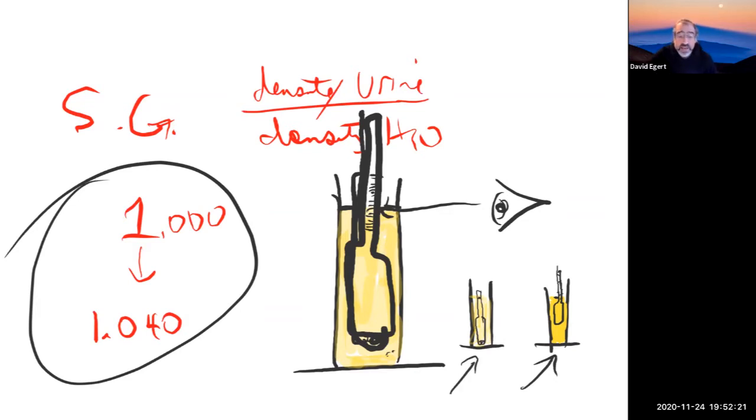So depending on how high or low the float is depends on the density of the urine. And then that's going to define where the surface of the urine is on the little readout. So you'll see this in the little picture or in the video.